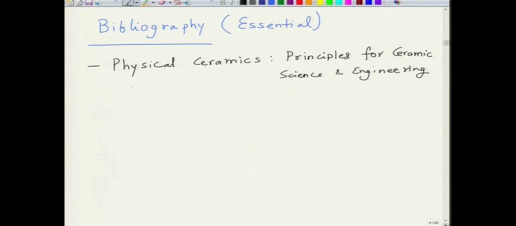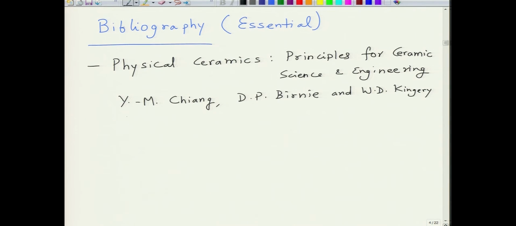This is a book written by Y.M. Chiang, D.P. Birnie and W.D. Kingery, and it is published by Wiley VCH.